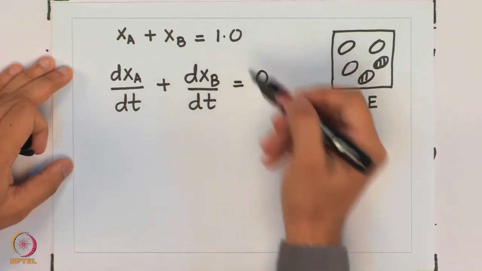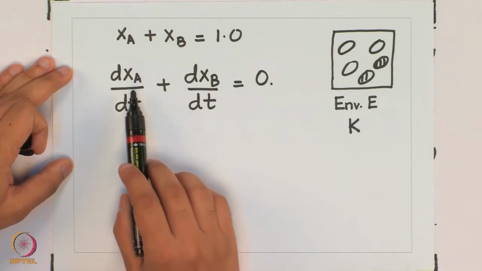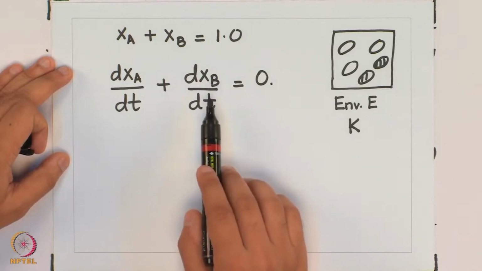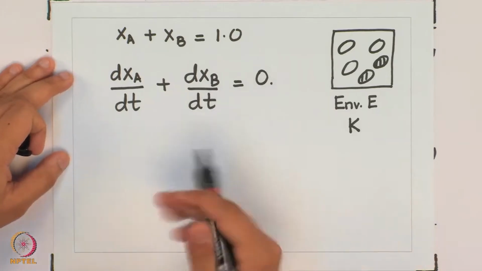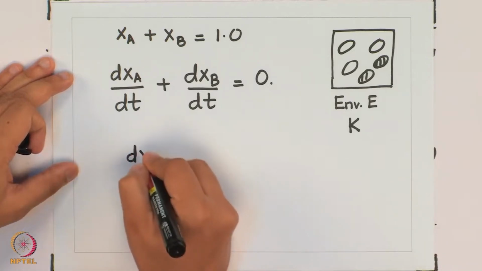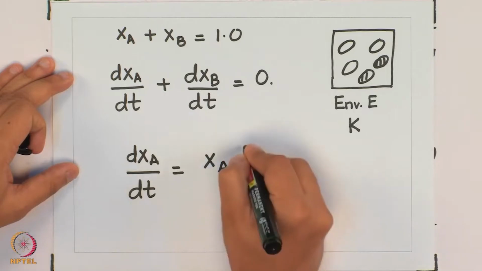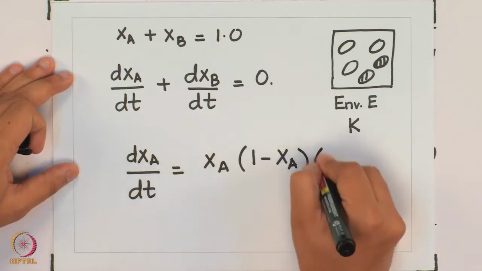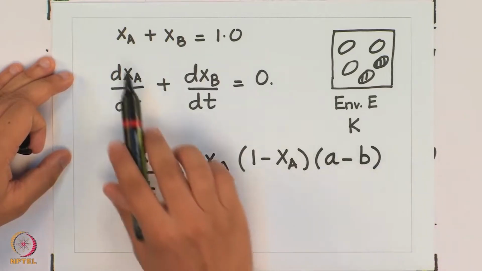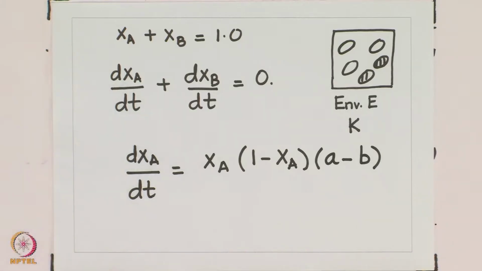The right hand side being a constant, its derivative gives us a 0, which gave us the result that the rate of change of the fraction of individuals which belong to genotype A is exactly equal to and opposite in sign to the rate of change of individuals which belong to genotype B. And when we used these two results to derive the dynamical equation associated with the system, we ended up with the equation dx_A/dt equals x_A times (1 minus x_A) times (A minus B), where A and B are the growth rates associated with the two genotypes capital A and capital B, and this is the equation for which we want to comment on the stability of the two steady states associated with it.